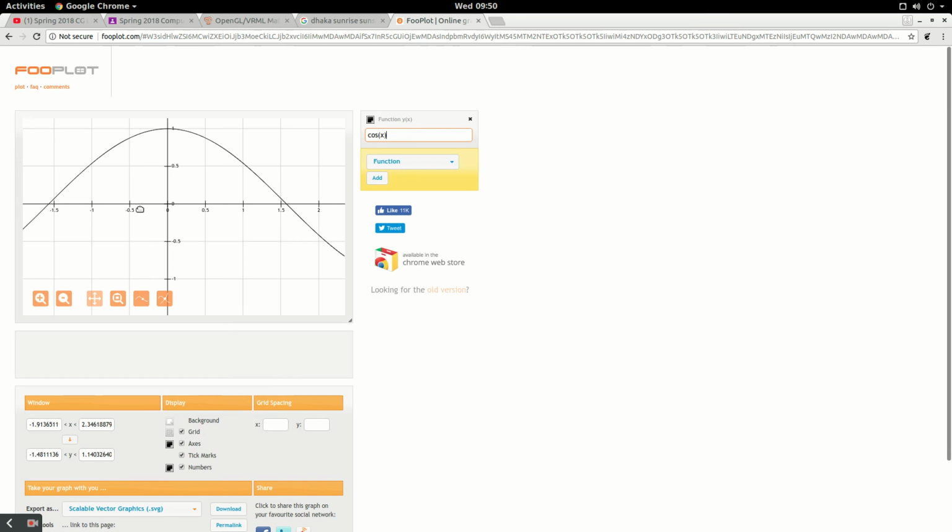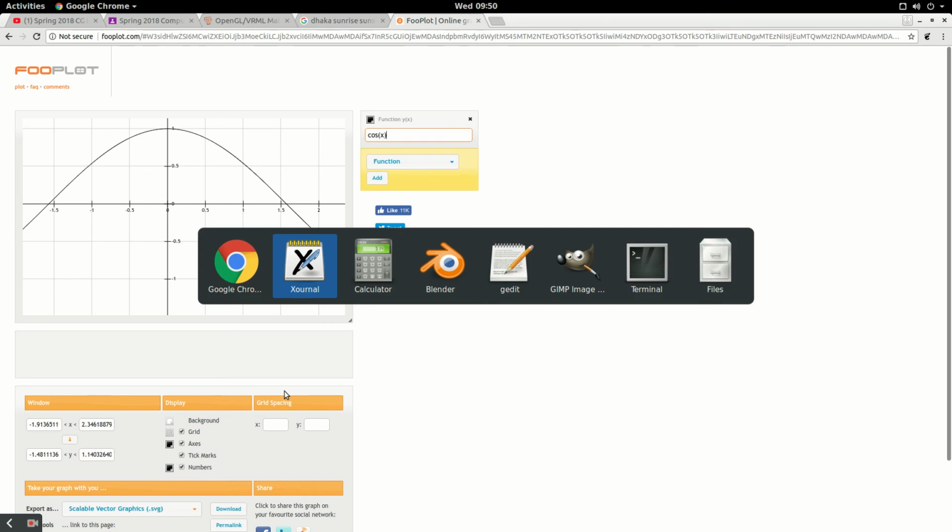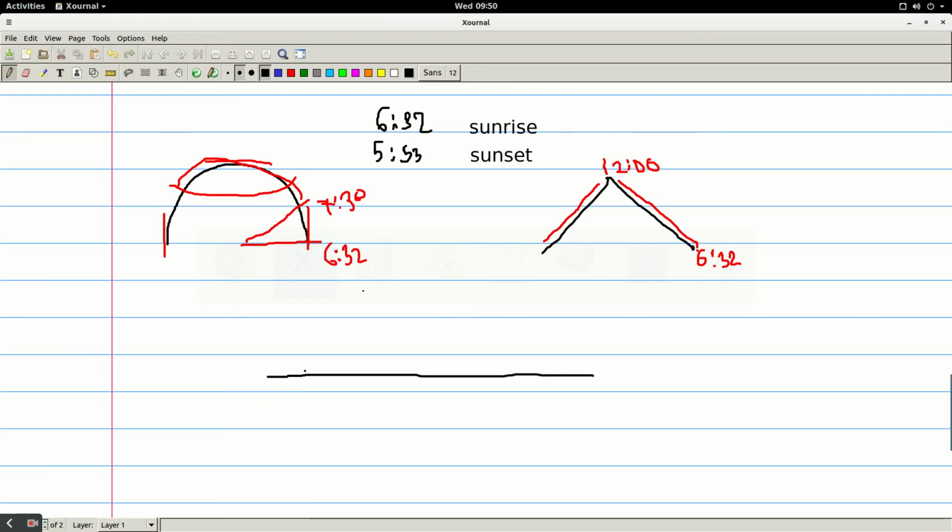So why are we talking about this cos curve here? Because this is what we are interested in this part. Say this is where the cos curve will lie. It's going to be like, let's say this is positive 90 degree, and this is going to be negative 90 degree, or pi by 2 in radian, and this is where we have 0 degrees.